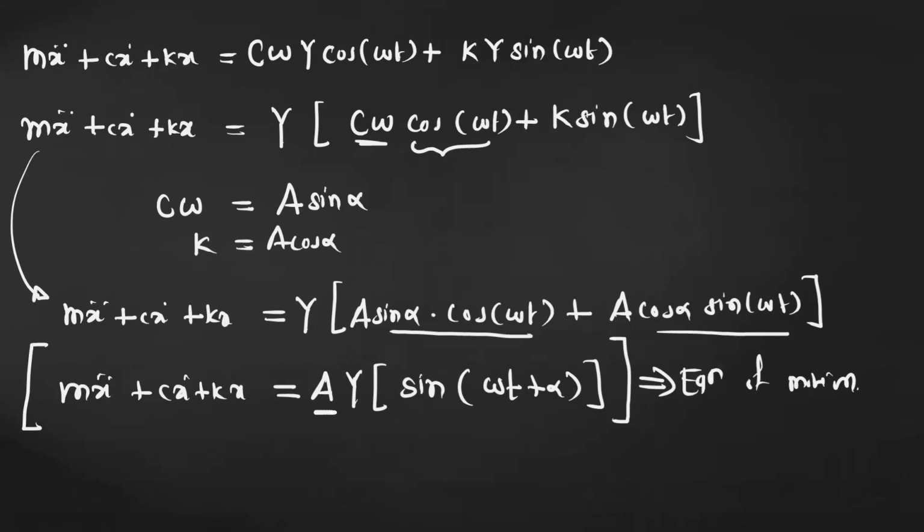Okay, now this A value. So from these two equations, we will get the A value as square root of K square plus C square omega square. Okay, so put this value in this equation.